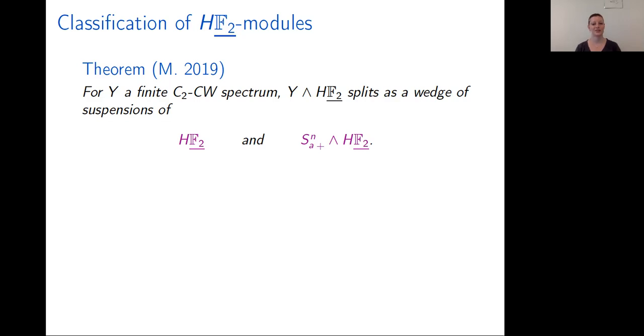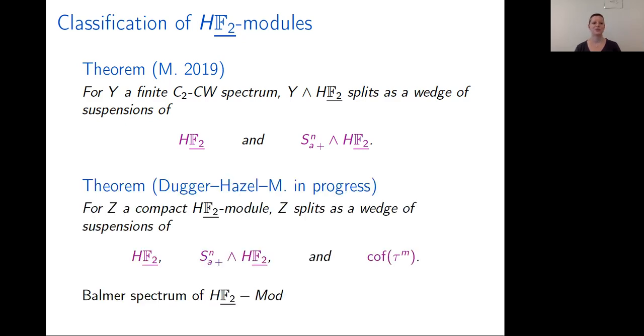You might hope that this would give a complete classification of compact HF2 modules, and unfortunately, that's a bit more complicated. But in work in progress with Dan Dugger and Christy Hazel, we describe a complete classification here. This uses very different techniques, but we find that if we have a compact HF2 module, then there are only three types of summands that we need. Again, the two we had before, HF2 and the antipodal sphere.